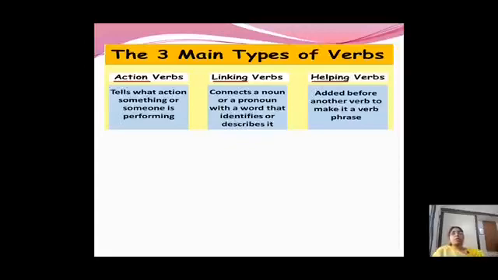Linking verb connects a noun or a pronoun with a word that identifies or describes it. Helping verbs are added before another verb to make it a verb phrase. All these 3 types of verbs you have learnt.